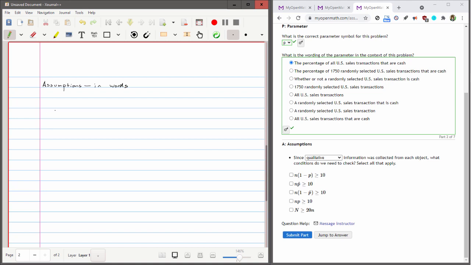So the big idea is that it's not the case that almost everything in the population has one or the other of the possible qualities. So we need to say our sample is big enough to contain at least 10 yes answers.